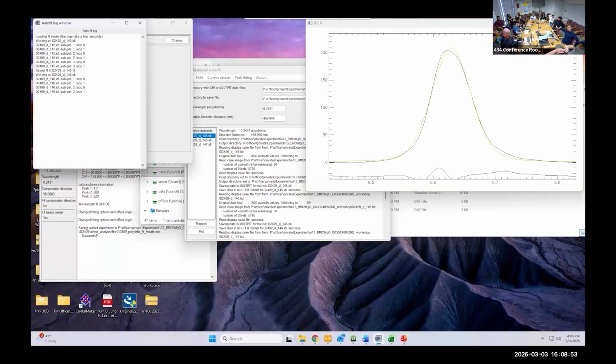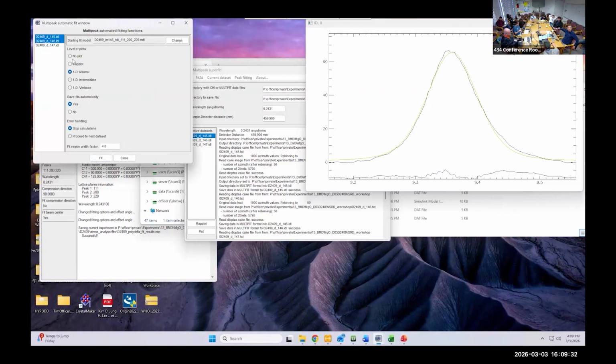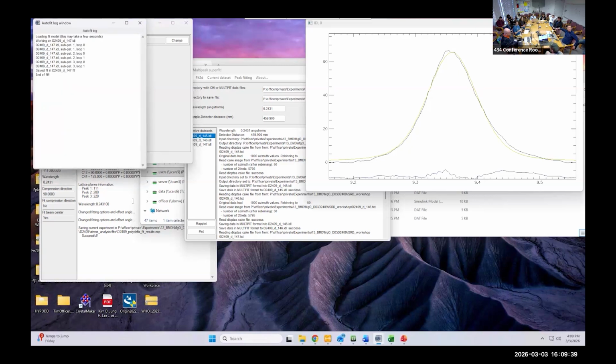We'll see how fast it goes. Yeah, so it's way faster.